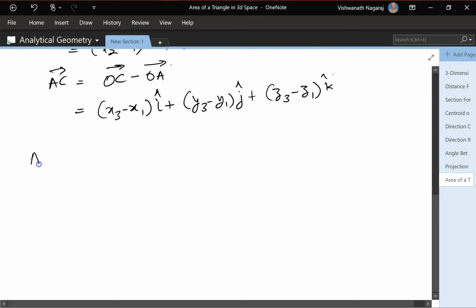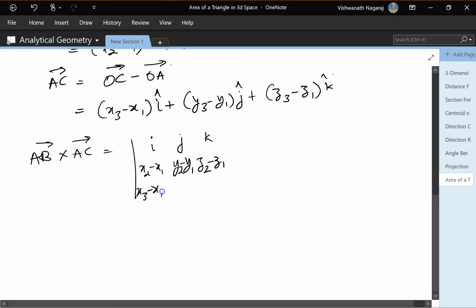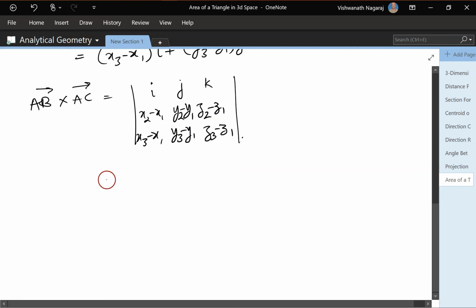Now what would be AB cross AC? It would be i j k, so this is going to be the determinant of the rows: x2 minus x1, y2 minus y1, z2 minus z1, and x3 minus x1, y3 minus y1, z3 minus z1. Okay, so now we know matrices.